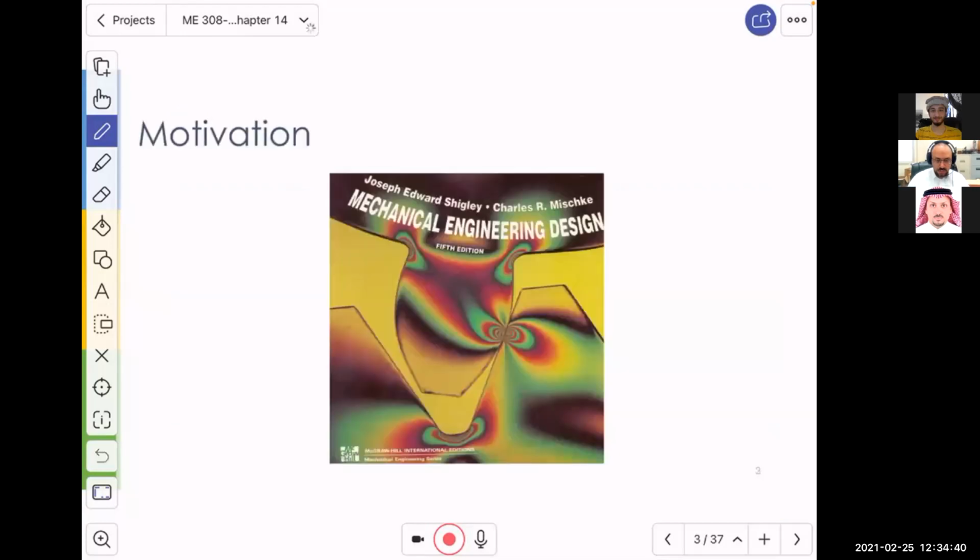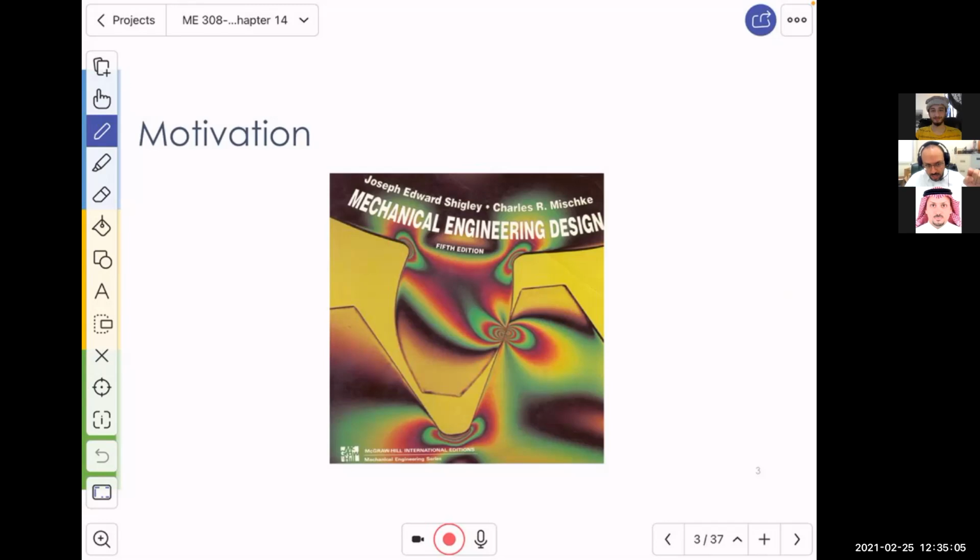Let me show you this image, ya shabab. This image has a lot of memory because when I studied at KFUPM, I took 308 right after I finished my co-op. I was an applied student, and I remember the textbook, if I am not mistaken. This was the textbook.